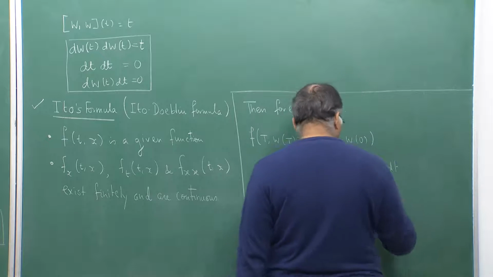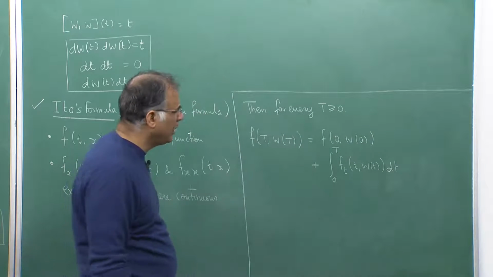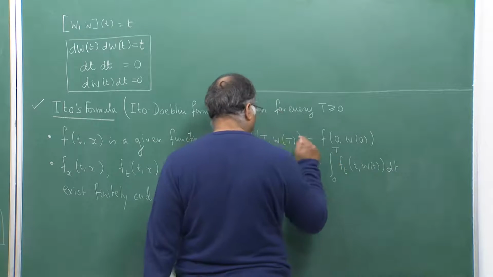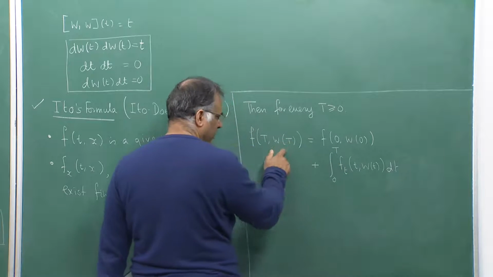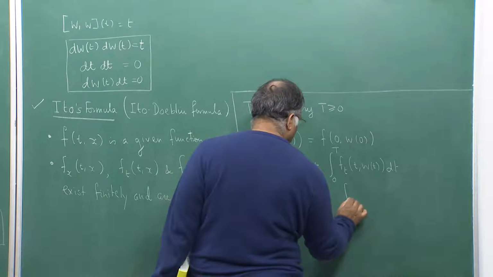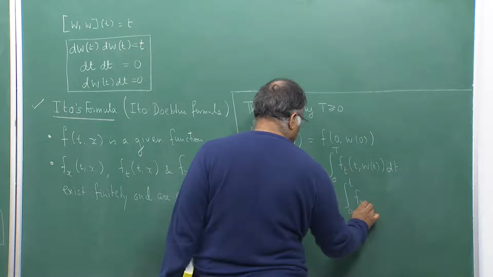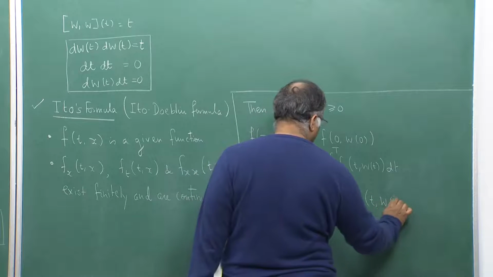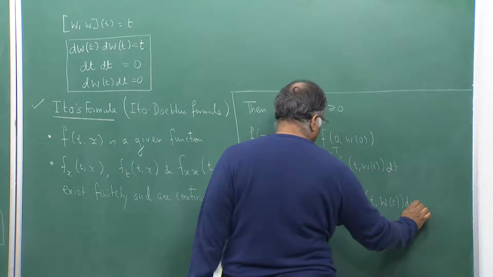See what happens, only when I take the partial derivative with respect to x, I will consider the Ito integral, because the random process is in the place of the x variable, plus the integral from 0 to t of f_x(t, W_t) dW_t.